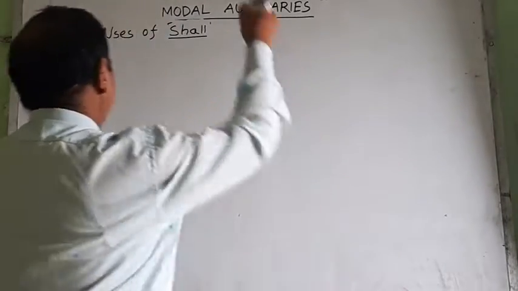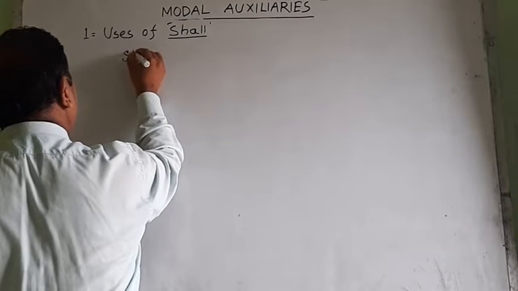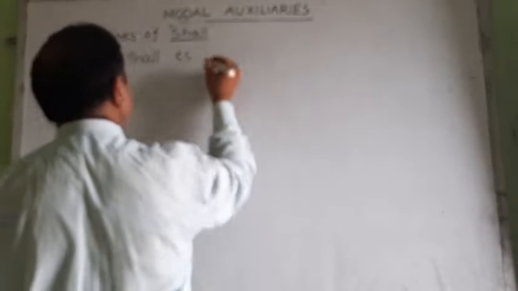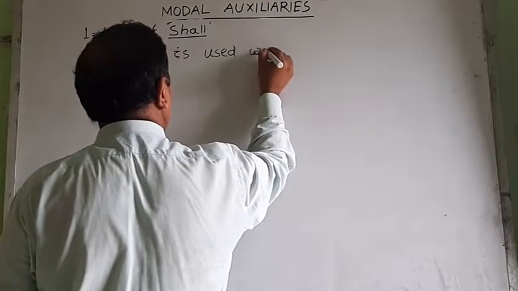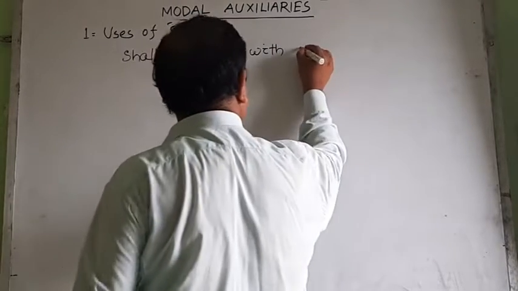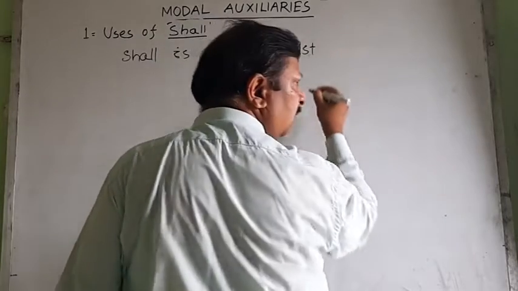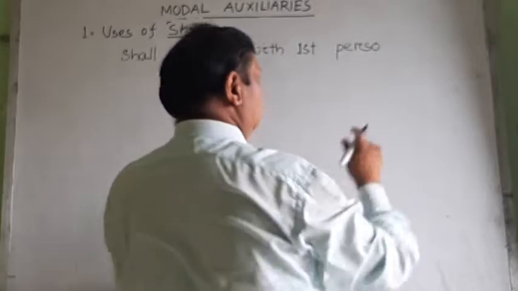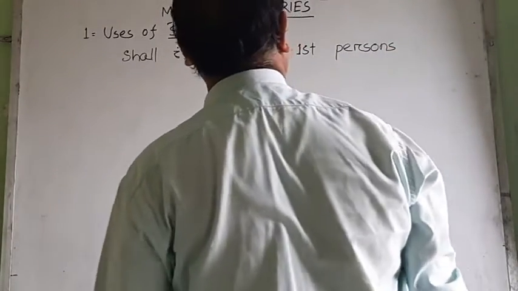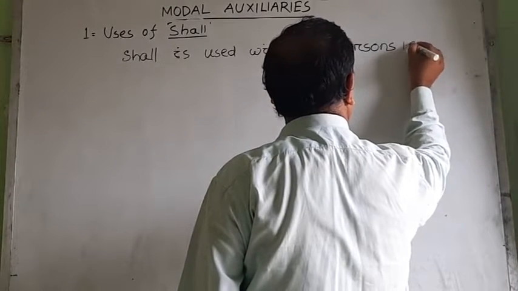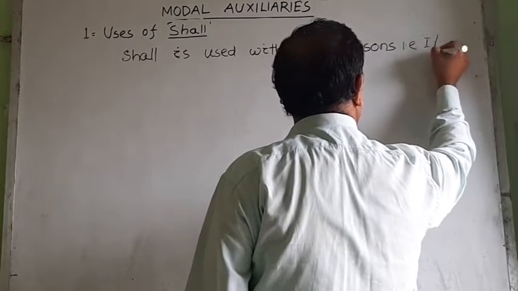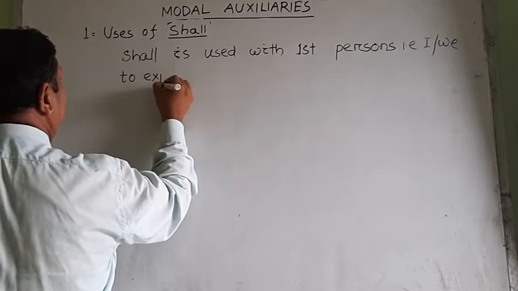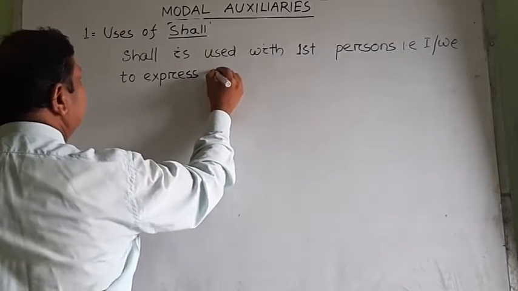So let us now know the use of shall. Shall is used with first persons, that is I, we, to express simple future only.